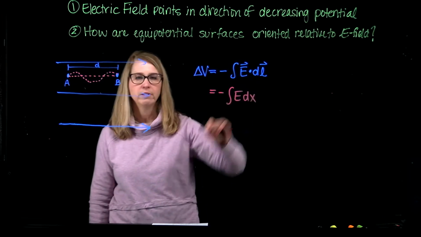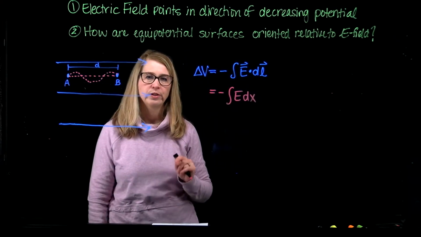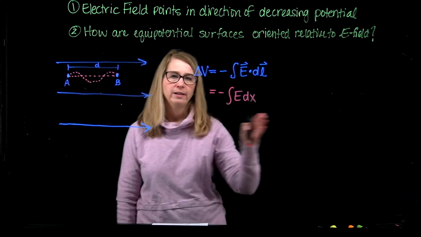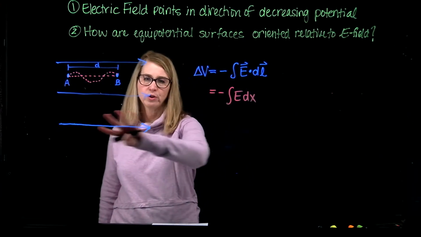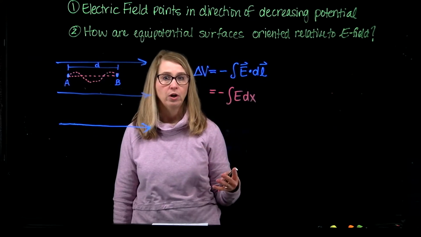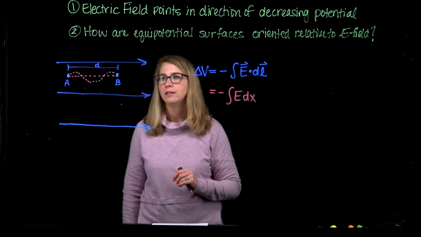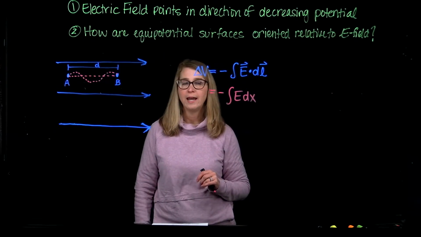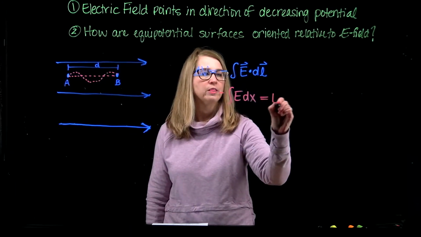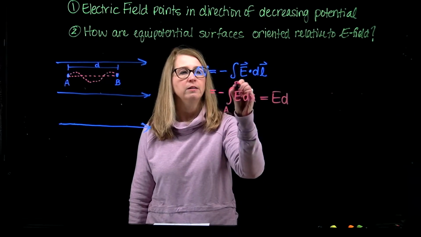Notice I've gotten rid of the dot product because the only dl that's going to give me a non-zero contribution is in the x direction, which corresponds to the horizontal electric field, which is also in the x direction. Now, I've already said that the distance between point A and point B is going to be called d. And so we're going to just say this is equal to E times d. And this is going from A to B.